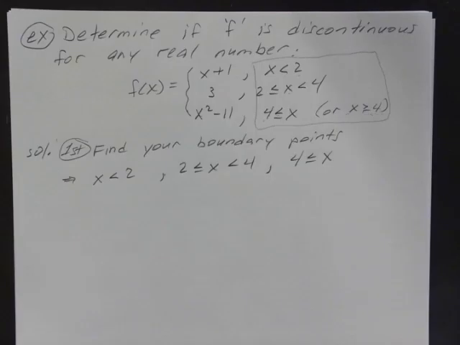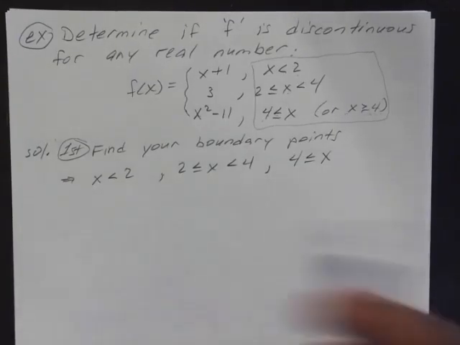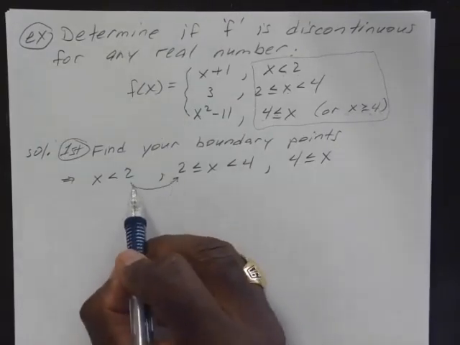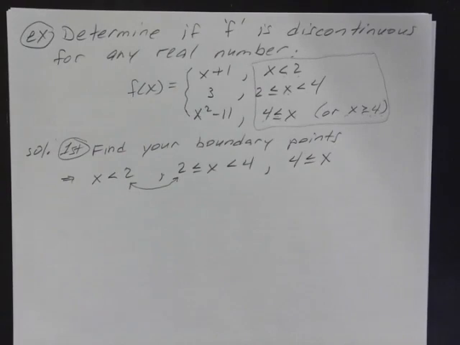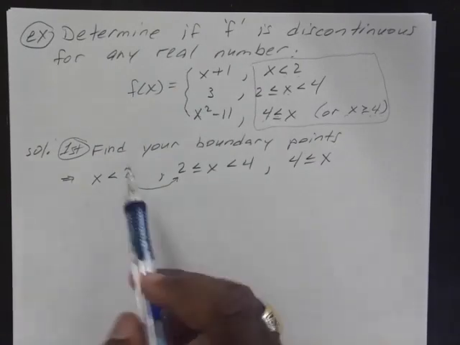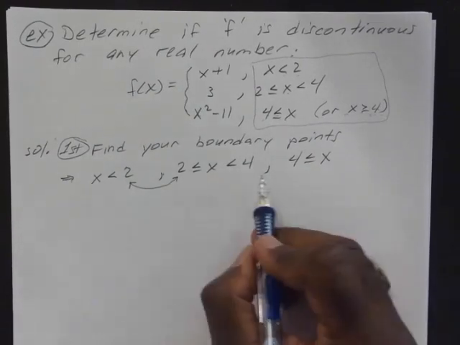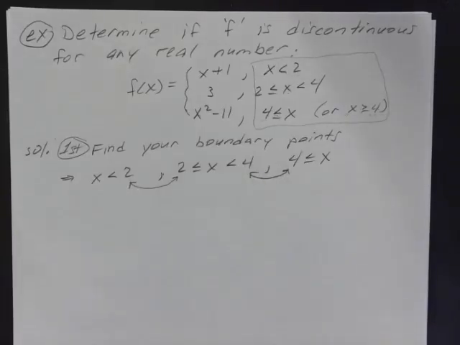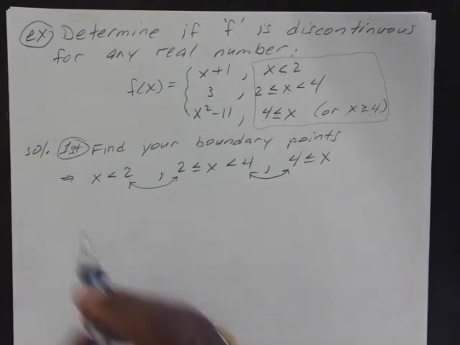And again, you don't have to write it out like this. This is just kind of a visual aid. Once you get comfortable, you'll just be able to look at it and tell. So here you can see that your constraints kind of skip at 2 and also skip at 4. So your boundary points are 2 and 4. Like I said, you'll be able to look at this visually and tell. You don't have to do this every time.